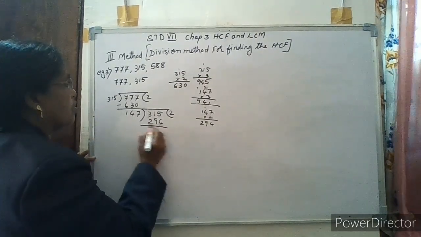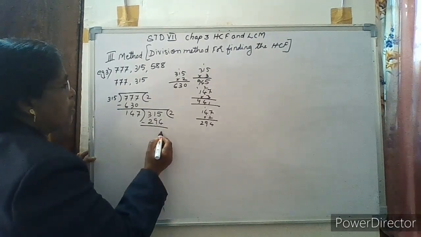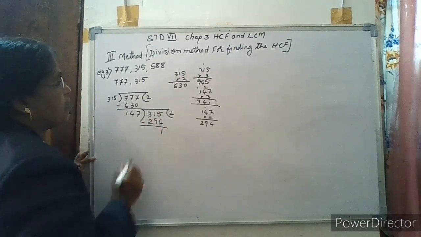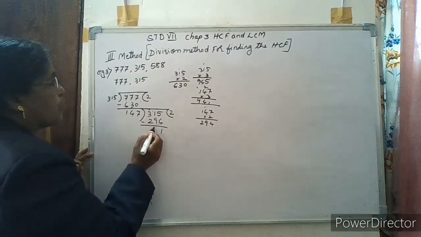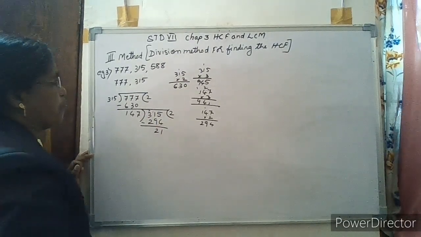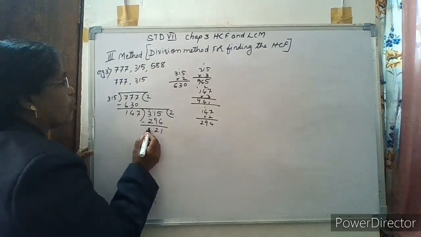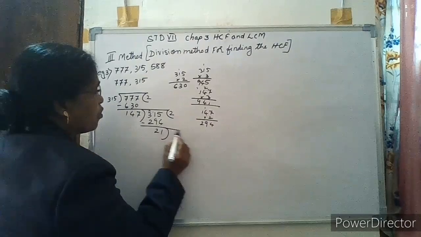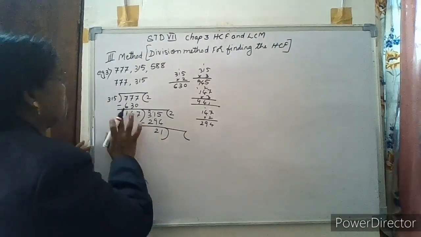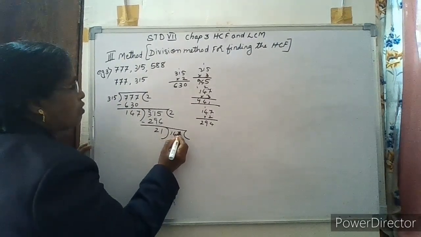Now subtract this. 5 minus 4 is 1. 1 minus 9 not possible. Borrow 1 and here 2. 2 is the remainder. Now this is 0. Not necessary to put the 0. So 21 is the divisor. Take the previous number 147 as the dividend.